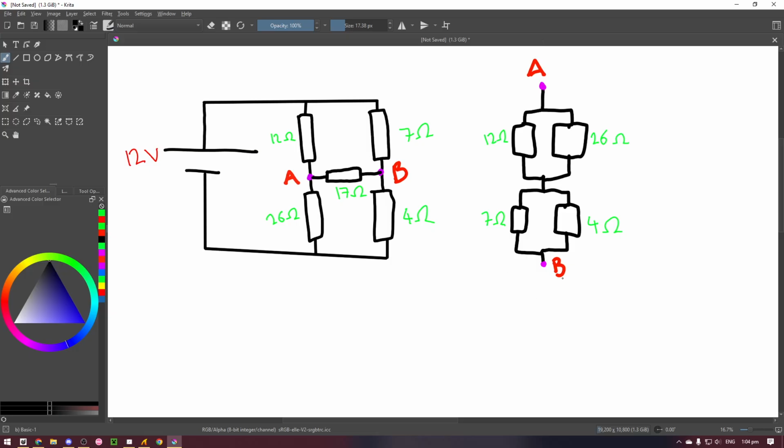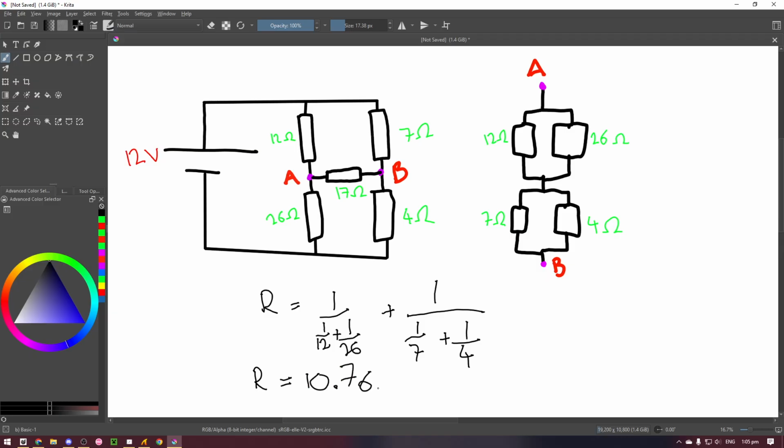I've already created the diagram where I shorted the voltage source and drew the resistors from A to B in order to calculate the equivalent resistance, which is going to be 1 over 12 plus 1 over 26 plus 1 over 7 plus 1 over 4. The equivalent resistance for this circuit is 10.76 ohms.